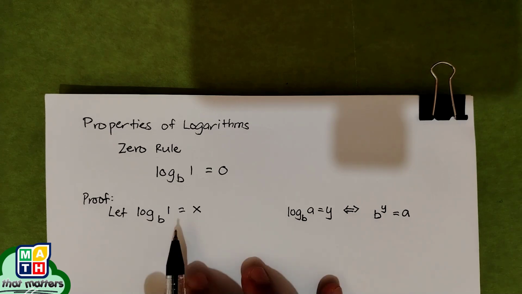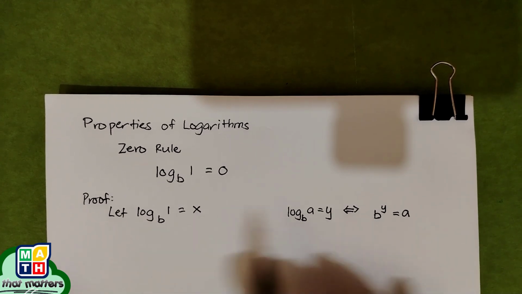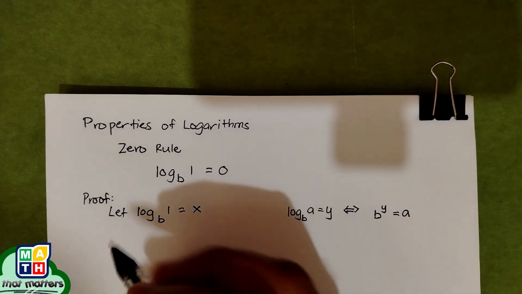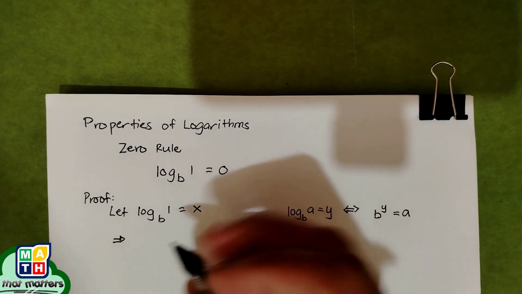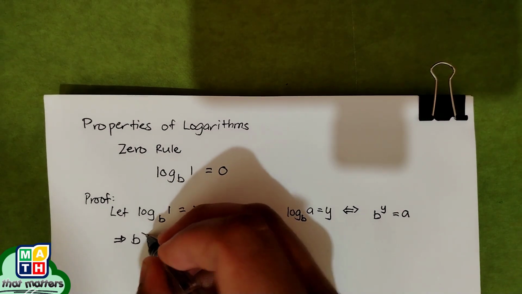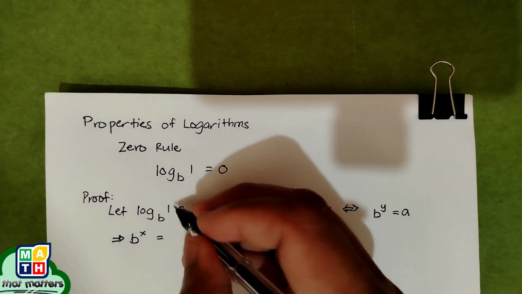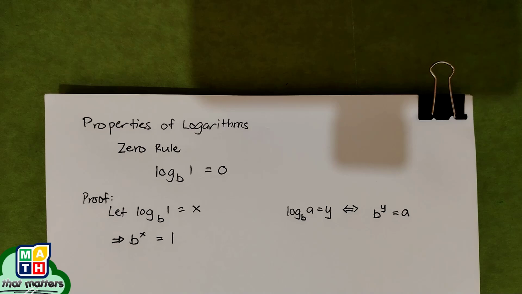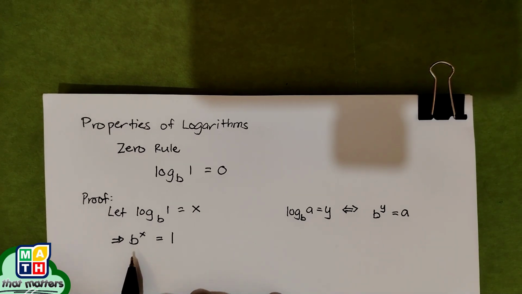So this is a transformation from logarithms to exponential equation and vice versa. Now from here, again, our goal is to show that x is 0. So applying this, b would be our base, our y, which is this x here, is equal to our expression here, 1. Now, from here, when do we get an exponentiation equal to 1?